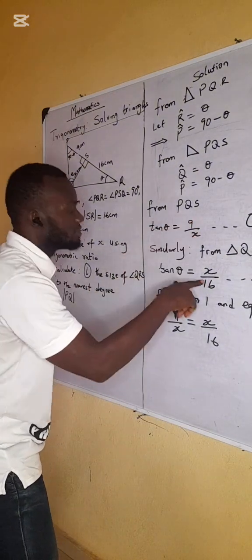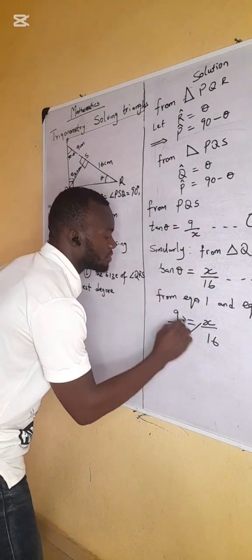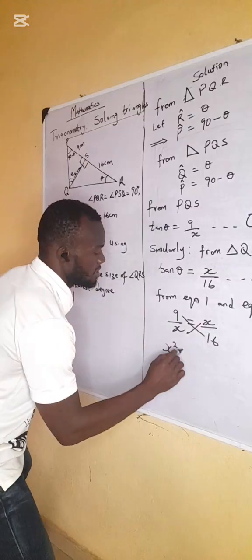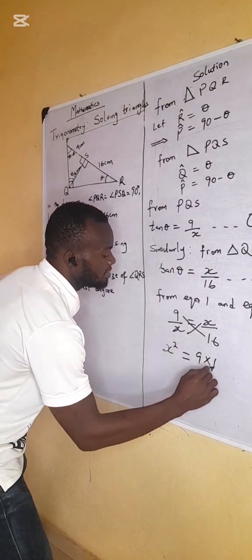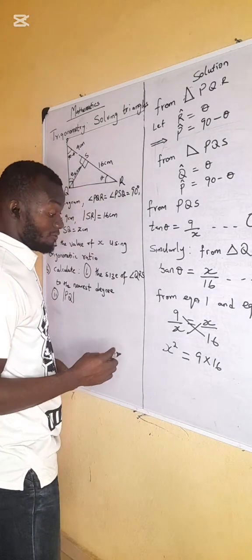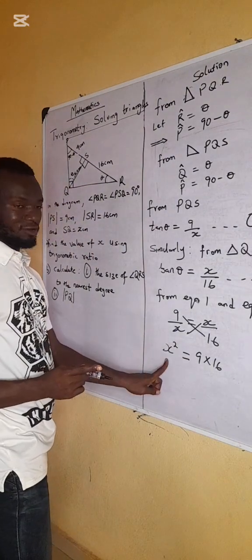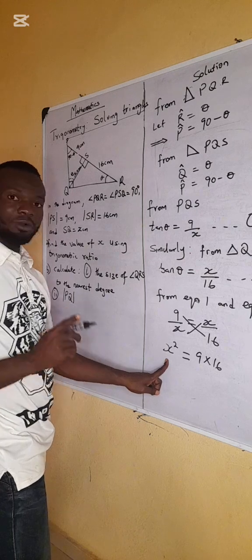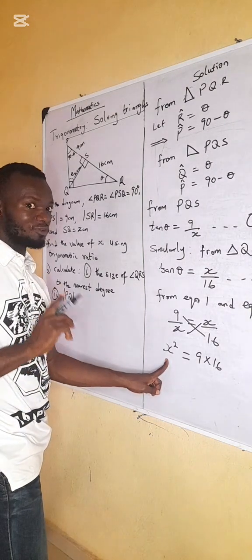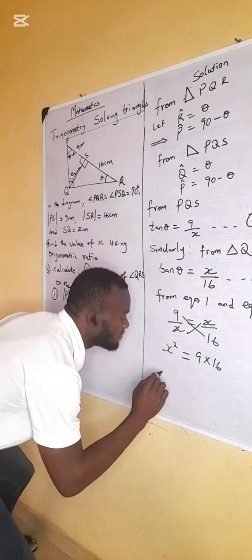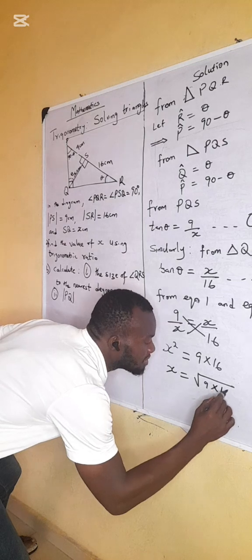Cross multiply, and that gives X squared is equal to 9 times 16, which is actually 144. But we don't need to multiply it before taking the square root. To get the value of X, you take the square root of both sides, because the opposite of squaring something is the square root. Therefore, X is equal to the square root of 9 times 16.